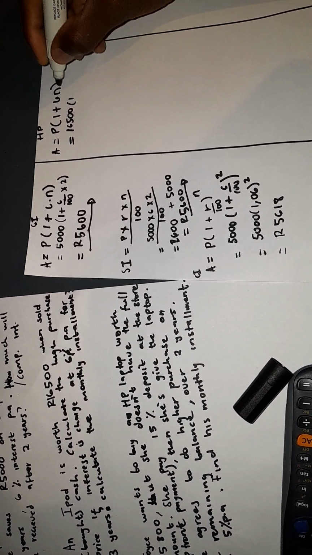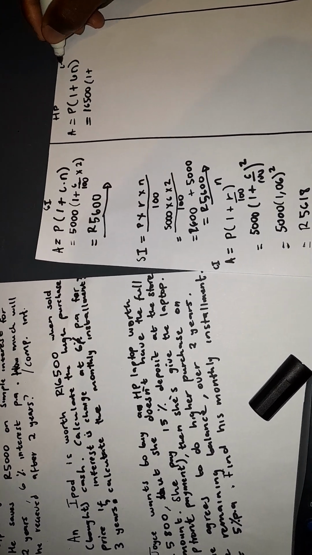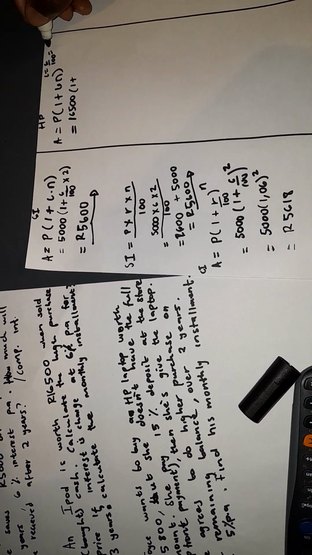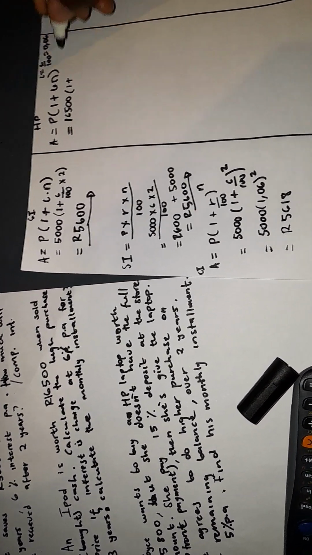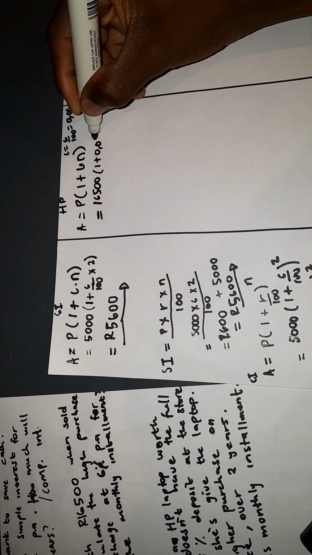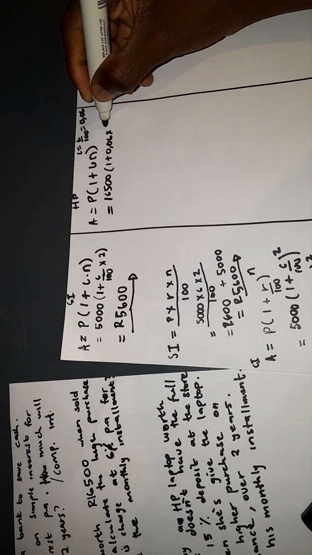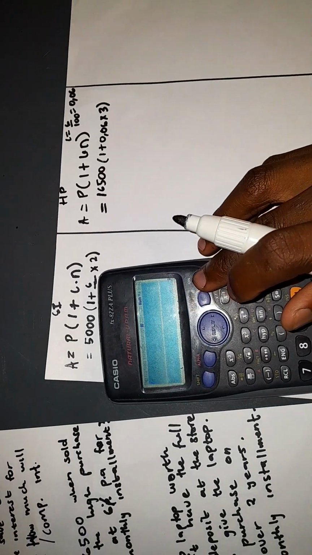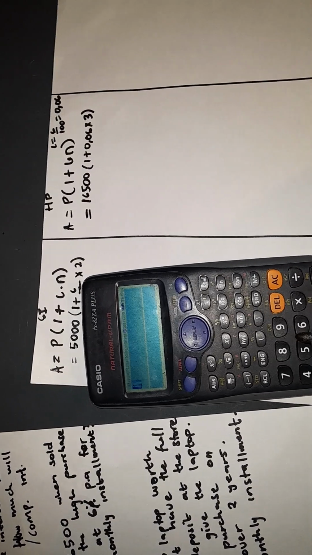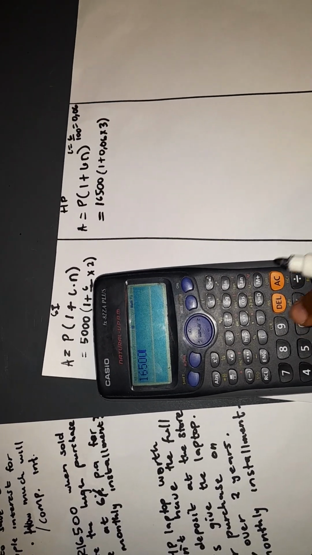So it's 1 plus the interest rate, 0.06, multiplied by the number of years. So the accumulated amount is the amount of money that Tabo will pay for the iPod.